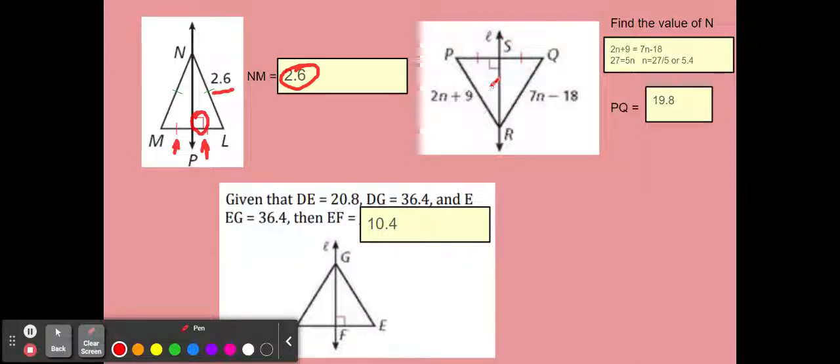So if NL equals 2.6, NM must also equal 2.6. All right. The next one on the right, again, notice we've got a perpendicular here with the box, and it's a bisector. So that means R is on the perpendicular bisector.